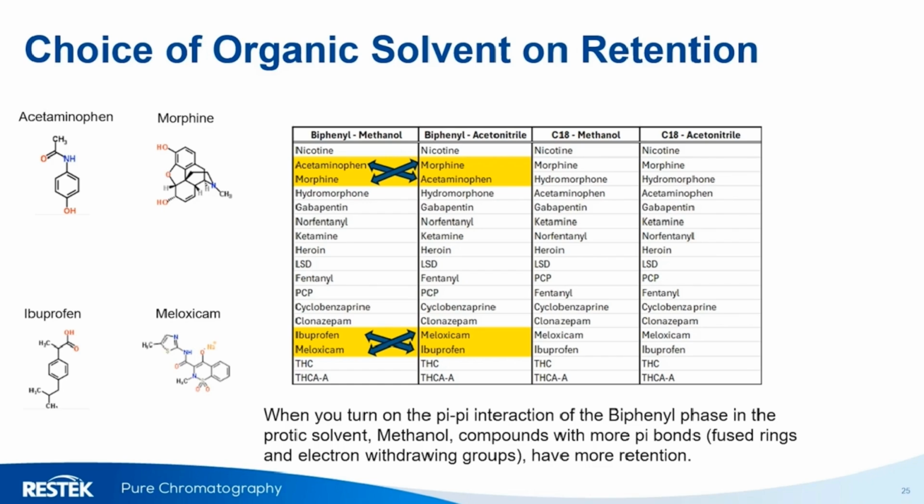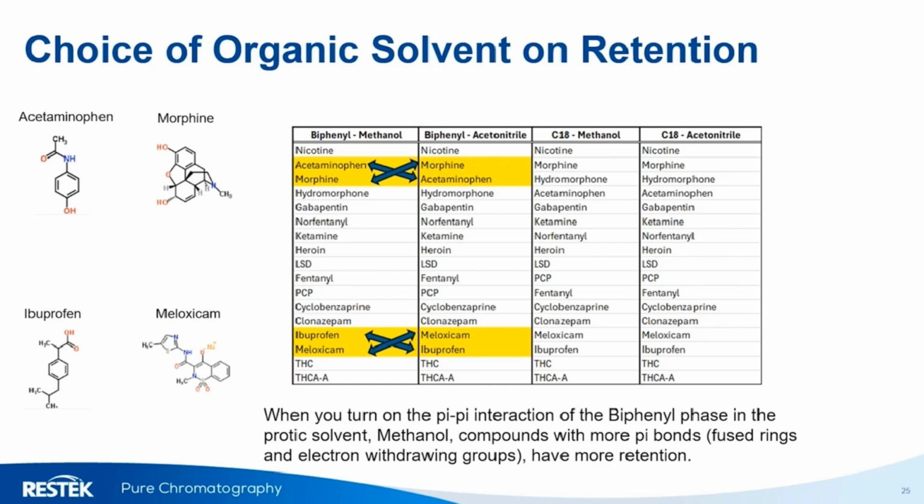There are more pi bonds for it to interact with and retain. The same goes with ibuprofen and meloxicam. Meloxicam has more opportunities for pi bonds than ibuprofen, so we're going to get slightly more retention out of that in methanol versus acetonitrile.